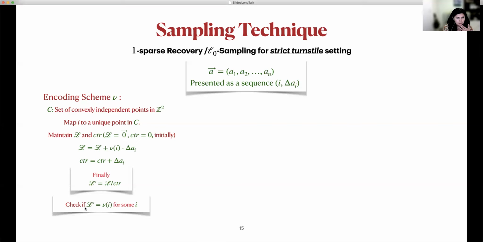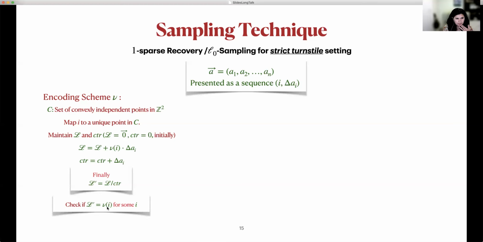So if L prime maps to nu(I) for some I, then we know that no nu(I) can be written as a convex combination of encodings of other I's.